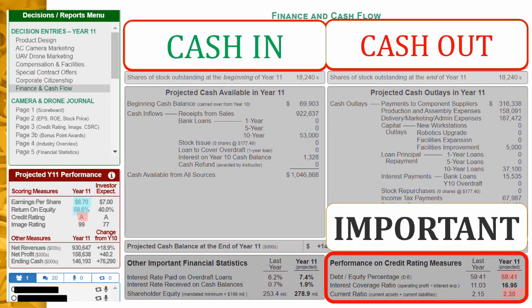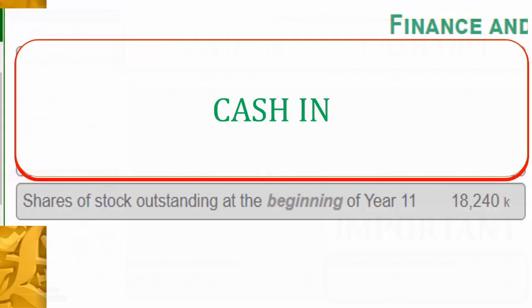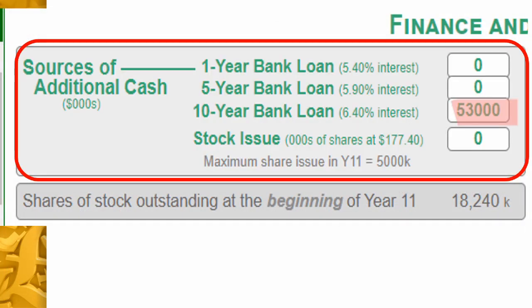Now that we've figured out the only 2 things that are important on the finance and cash flow page, let's learn how to control credit rating using cash in, cash out. Cash in is pretty much getting loans and selling shares. For more advanced strategies, use a mixture of loans and selling shares to get the cash you need, presented in other videos.